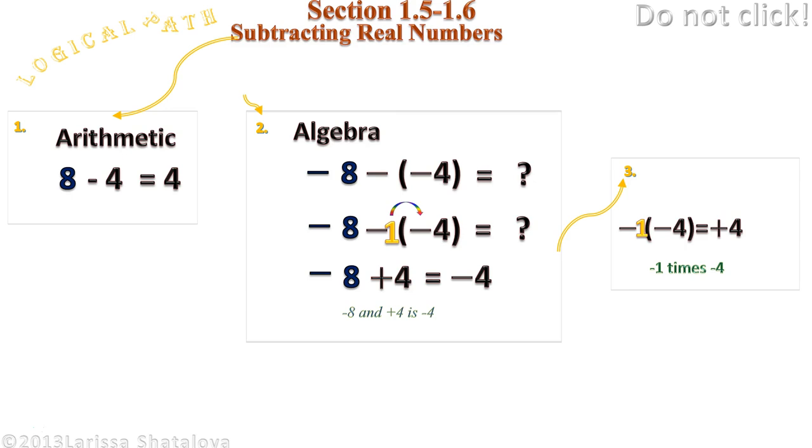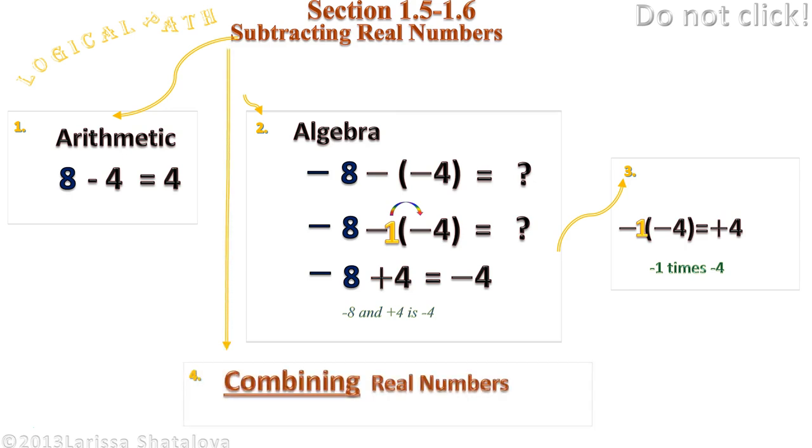This is why it's better to use the word combining real numbers instead of subtracting real numbers. And this is what we are going to practice on the next slides.